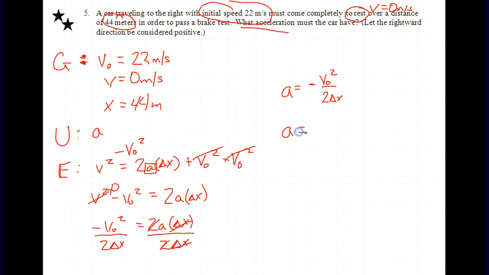So now let's plug in some numbers. Your initial velocity being 22, so we'll plug that in. And we have to make sure to square this over twice the displacement being 44 meters, okay?